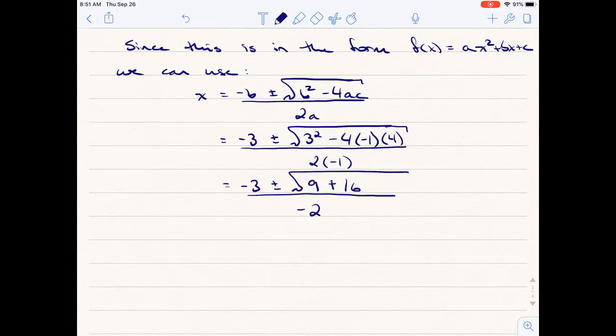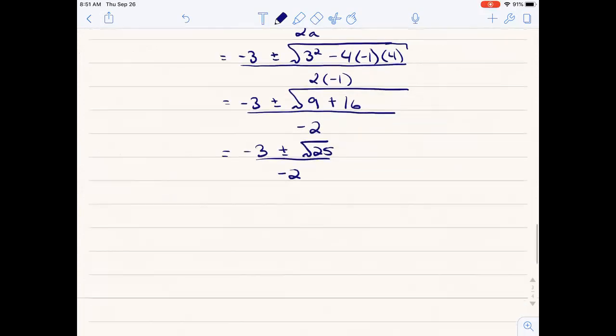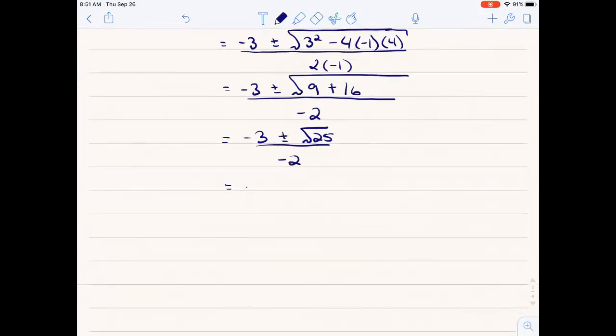And so 9 plus 16 is 25, and so we've got -3 plus minus the square root of 25 over -2. So what we have is -3 plus minus 5 over -2.